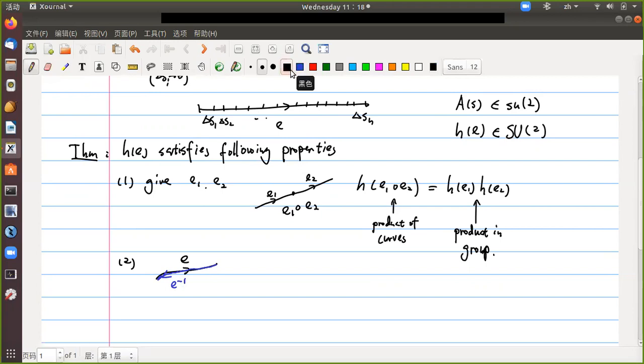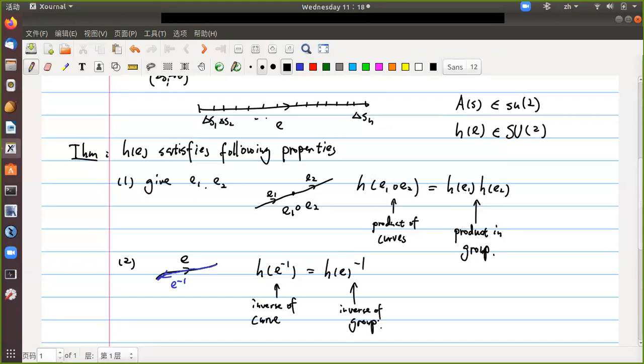And then the holonomy transforms in a similar manner: it equals H of E inverse. Here this is the inverse of the curve, and this is the inverse of the group element.